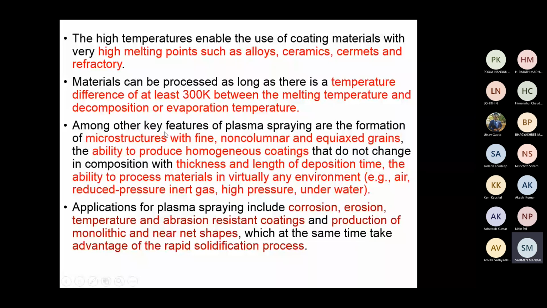But in this case, the microstructure has fine non-columnar and equiaxed grains. So that's why you are getting such high hardness or high strength of this material, and the ability to produce a homogeneous coating, with no change in composition with thickness and length of deposition time.